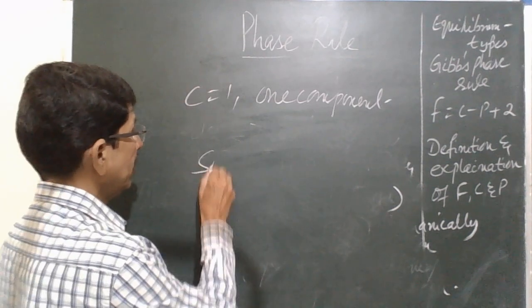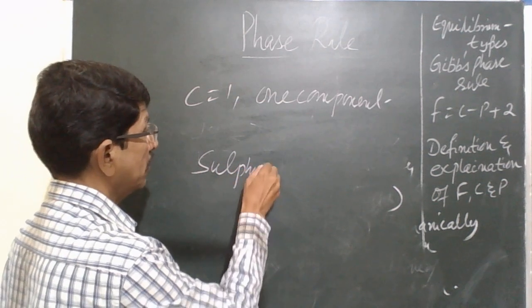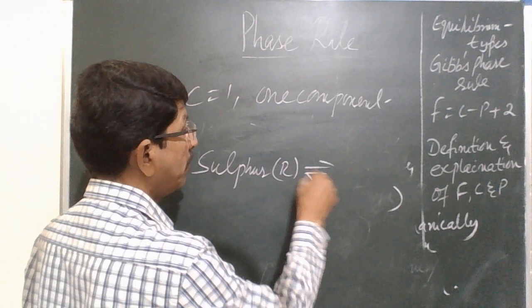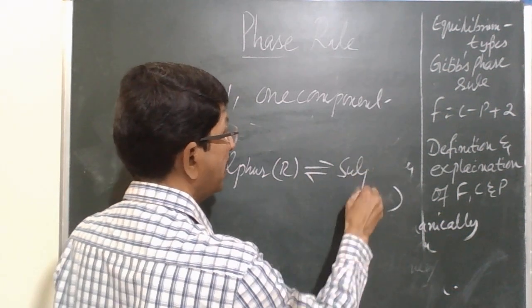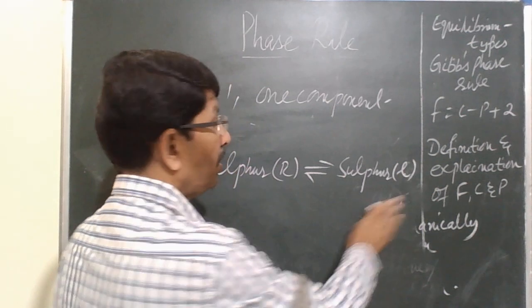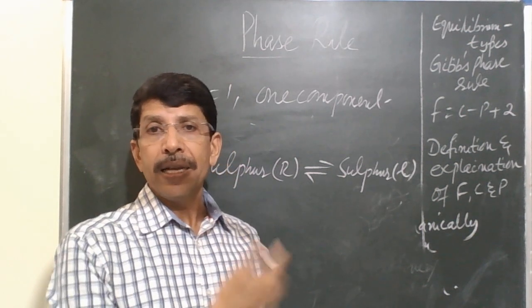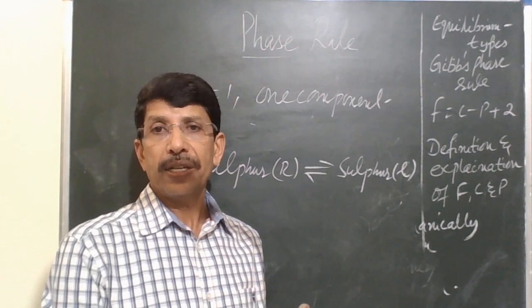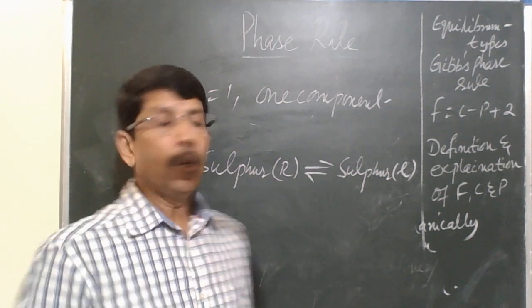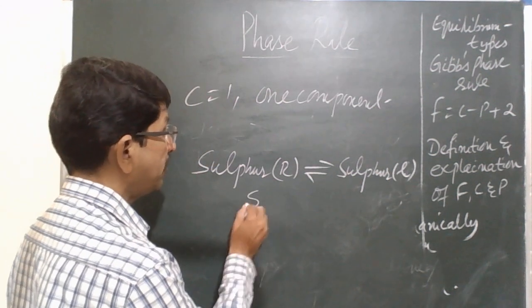Also if you consider sulfur, say rhombic sulfur in equilibrium with liquid sulfur. Let us see. So this is the equilibrium where rhombic sulfur, which is in solid state, is in equilibrium with liquid sulfur. So what is the composition of each phase?